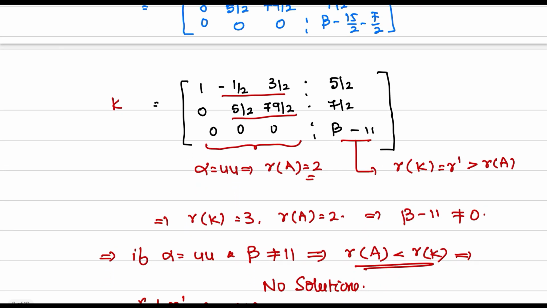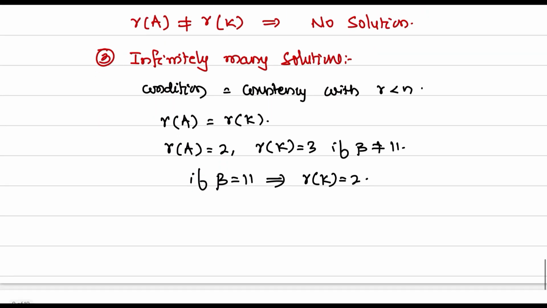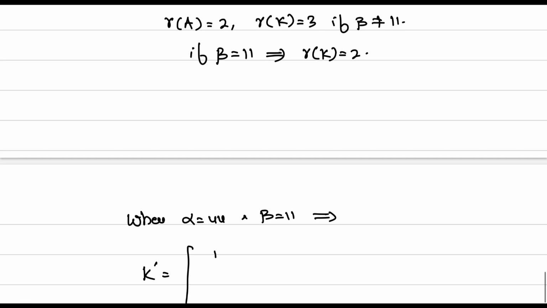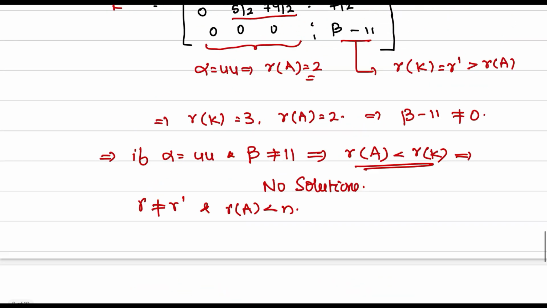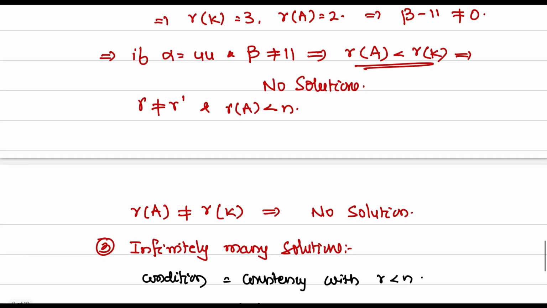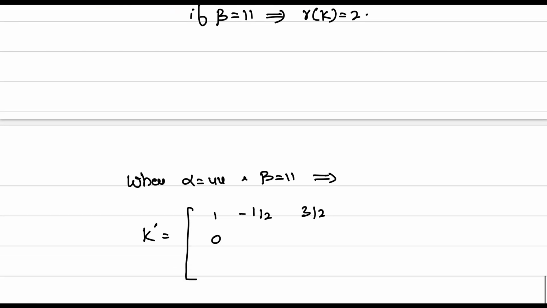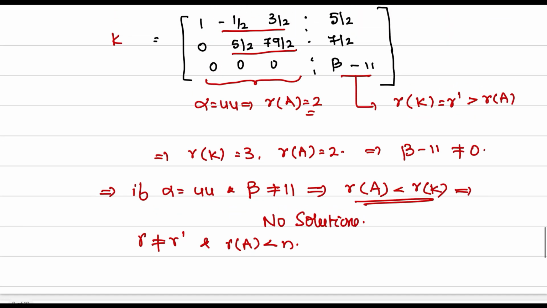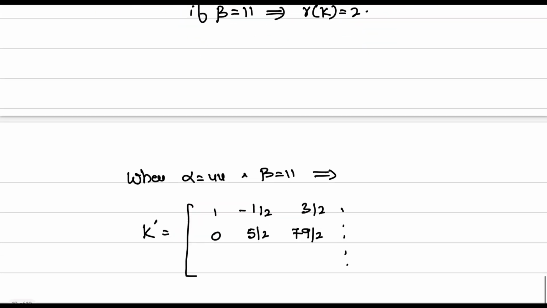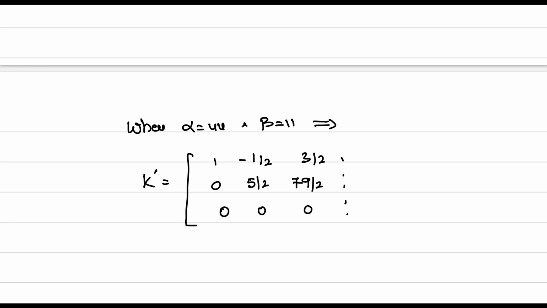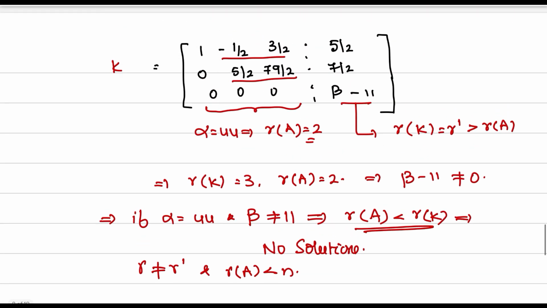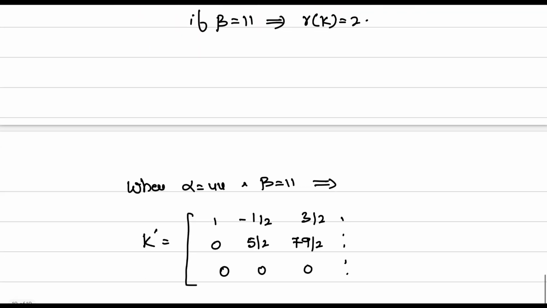The augmented matrix after elementary operations is 1, minus half, 3 by 2, then 0, 5 by 2, 7 by 2, and so on. Let us write the coefficient matrix first: 0 0 0, and when beta is equal to 11, 5 by 2, 7 by 2 and 0.